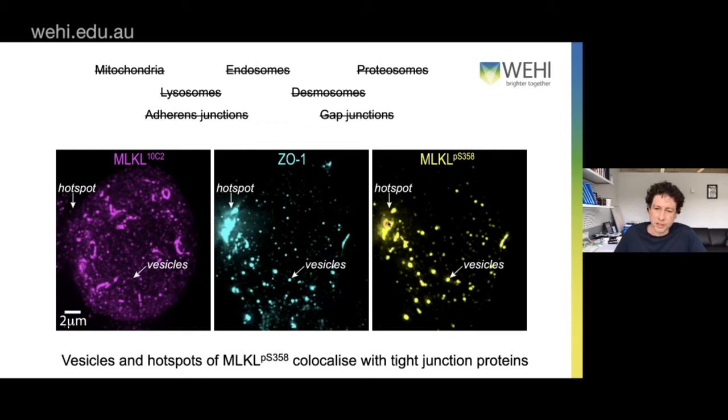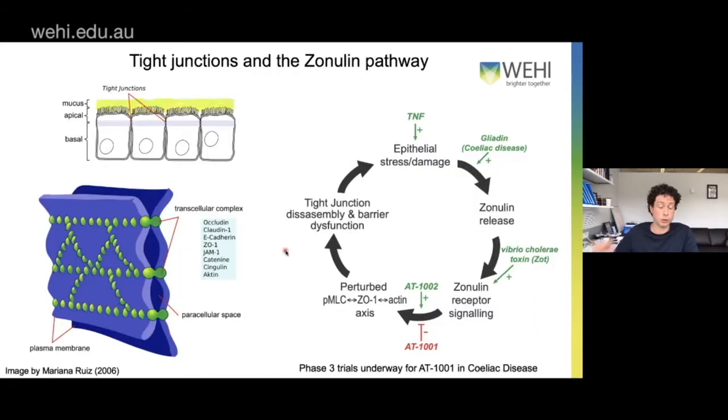And it picks up not only the hotspots here, but also these vesicles that we believe are en route to the hotspot. So tight junction proteins seem to be sharing the same trafficking pathway to get to the hotspots in the first place. So that was our guess at the time, and given the level of co-localization, we thought there might be some functional crosstalk between the two.